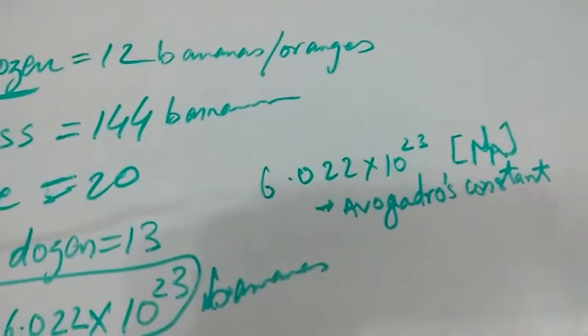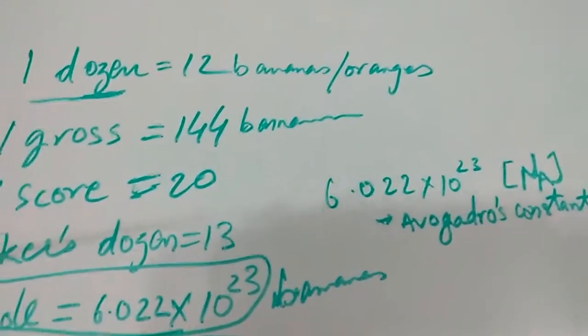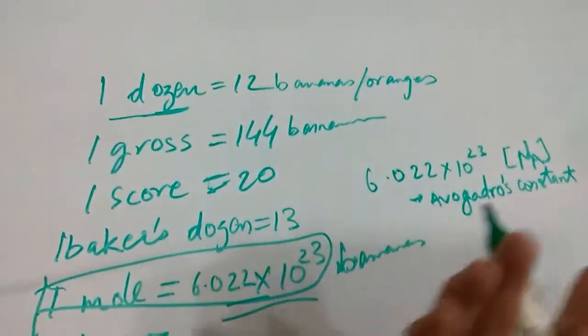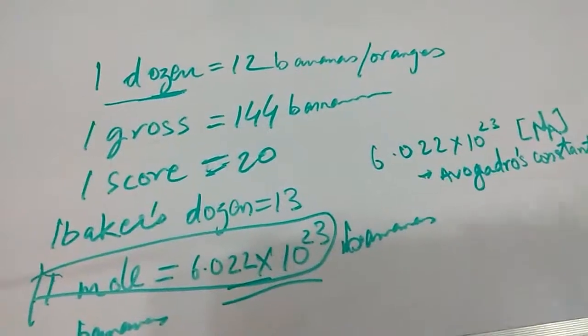So 1 mole in terms of number of particles is this. This is just a general idea of what a mole looks like.